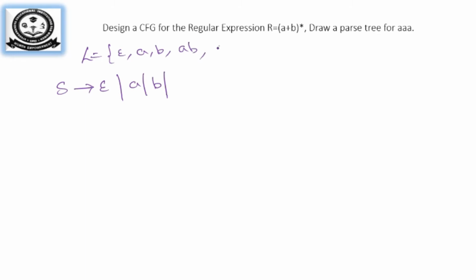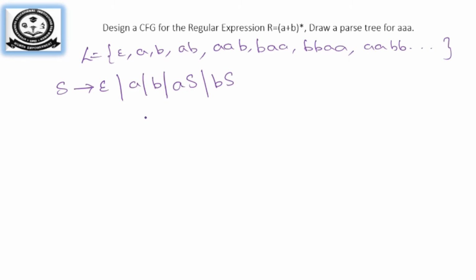So it will be like AAB or BAA or BBAA or AABB, anything it can generate. So I have to consider this case. So for multiple A, we'll have AS, and S can be replaced by B or A, or BS. So this is the grammar given for the language.